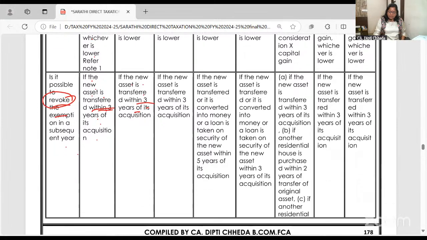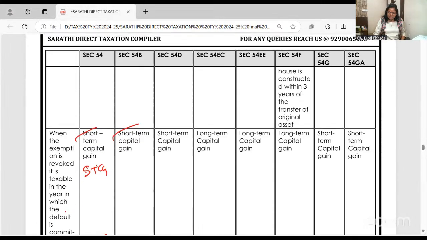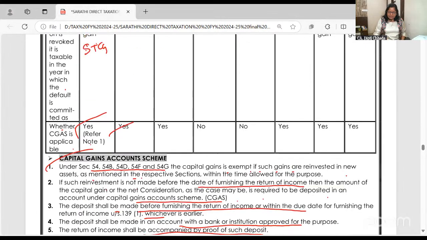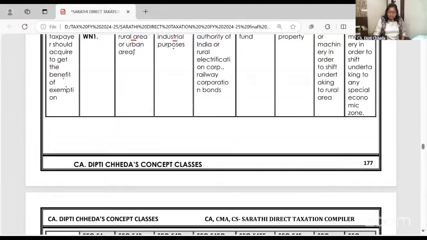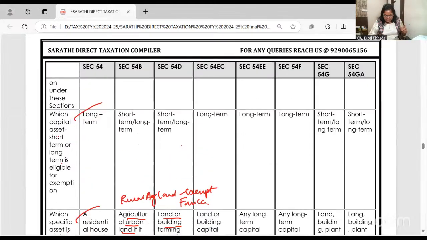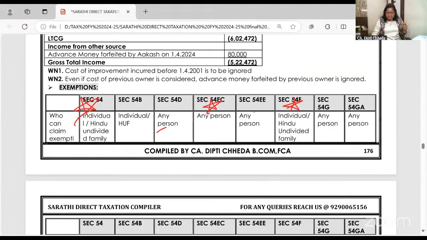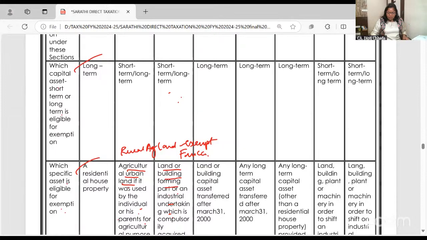Investment in a new house. If the new house is transferred within 3 years, short-term capital gain, a new house, sorry. So what am I doing once again, please, 54D. Any person, short-term or long-term.